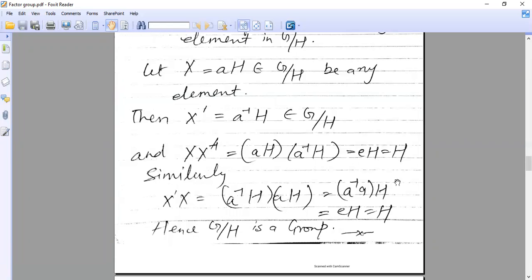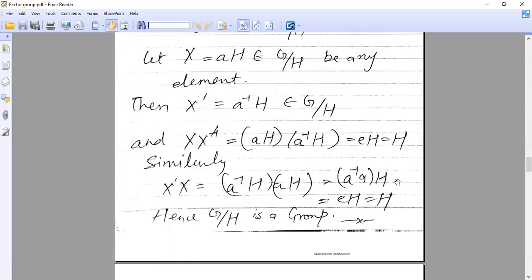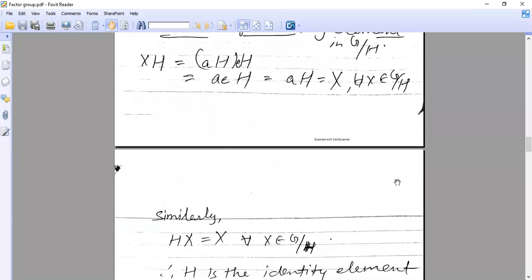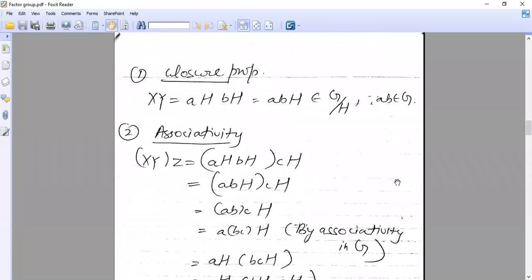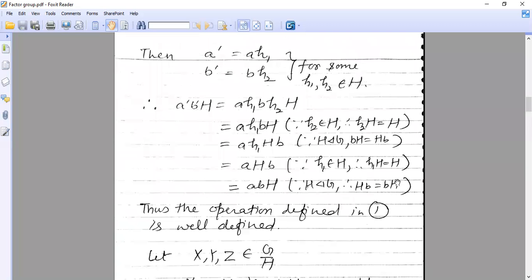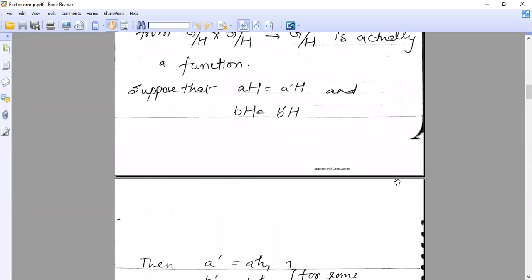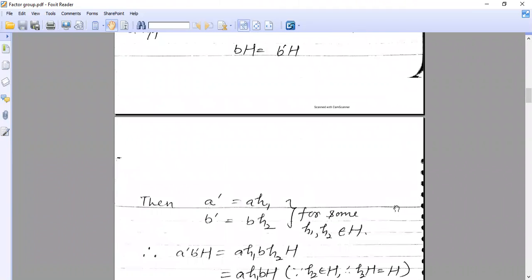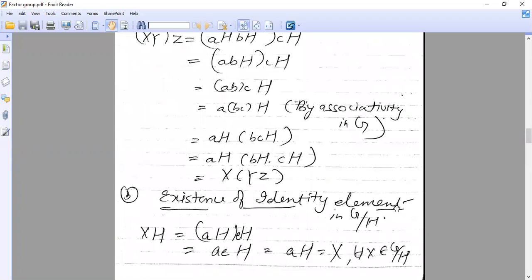Identity means h, because h was the identity element. So here we have seen that this collection G upon H satisfies all the properties of a group with respect to the operation defined in number 1 here. So I hope you have understood the proof of this theorem.